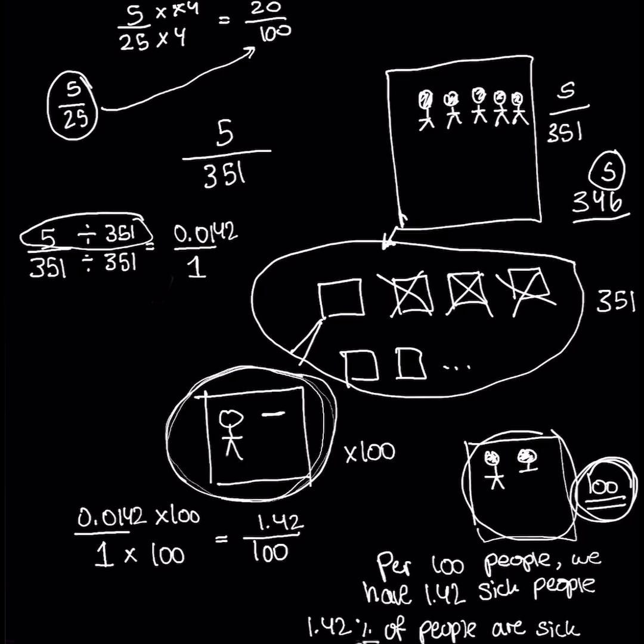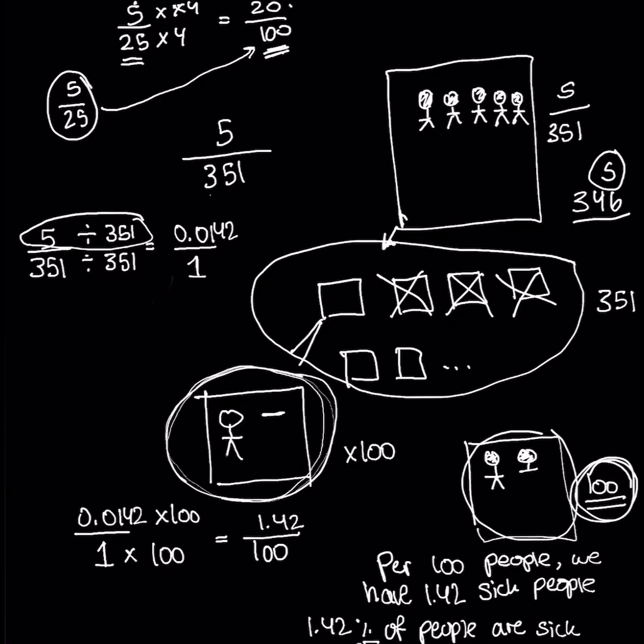The ratio remains the same. So all you're doing is taking this ratio and blowing it up so that you can see what would happen if there was 100 people there, right? So 25 people, there was 5 people that were sick. When you blow up this ratio to have 100 people in total, then we have 20 people that are sick.